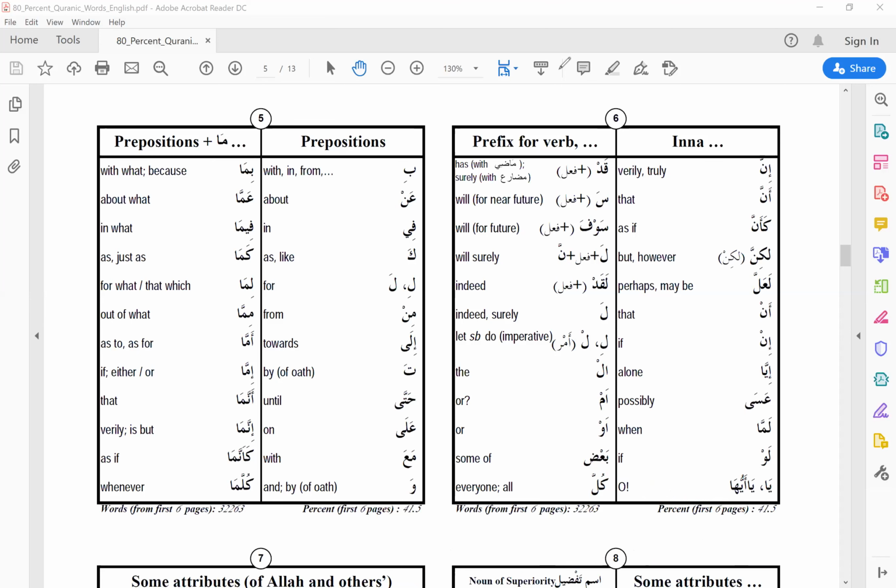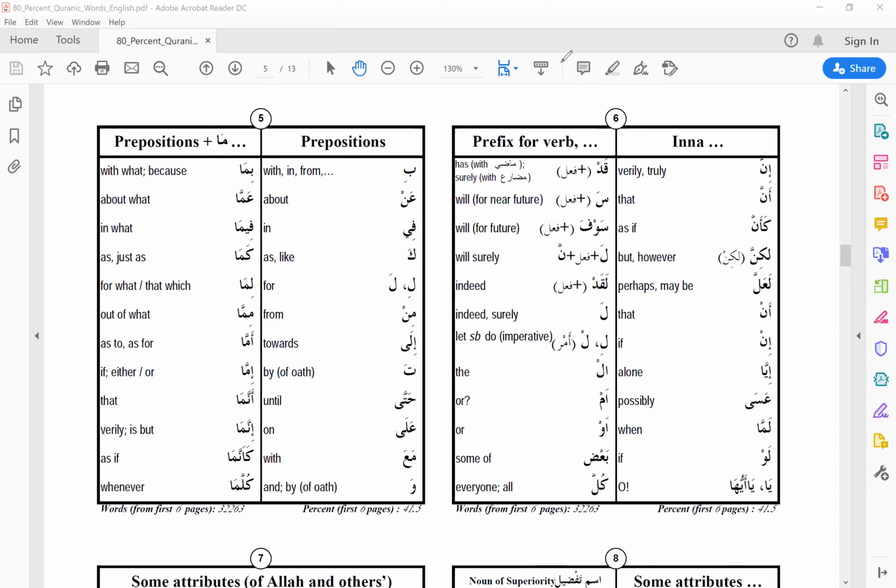Ya in itself would have to have a noun after it: ya tariq, ya sama, ya ard, whatever it is. So then you're the first person directing that munada, that call, onto that person.